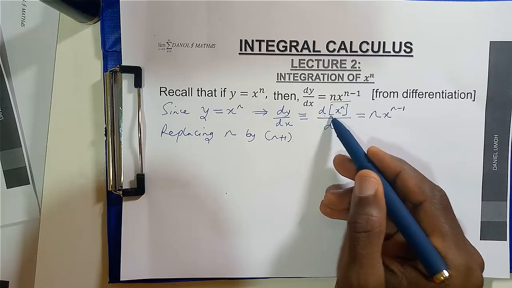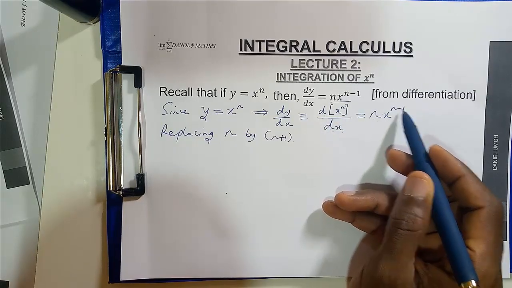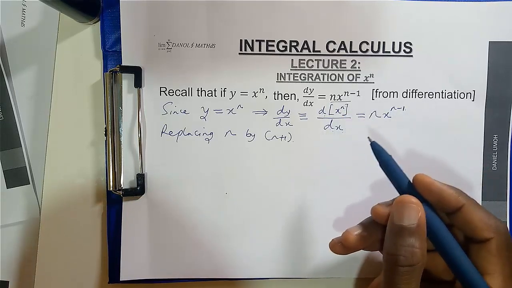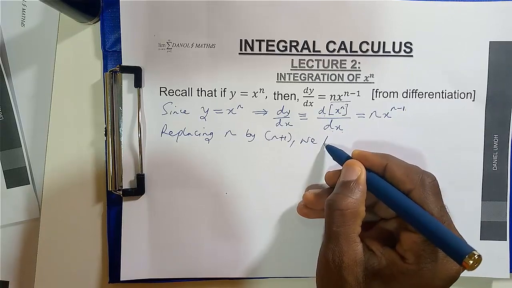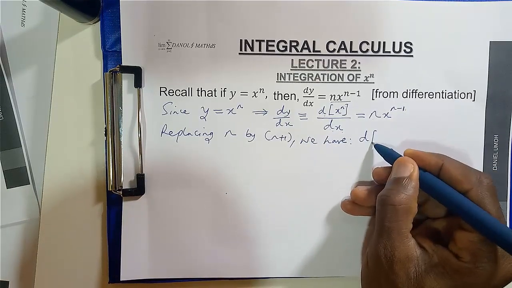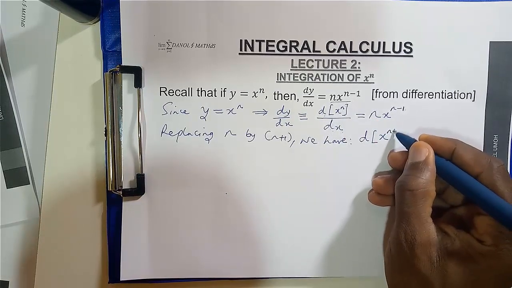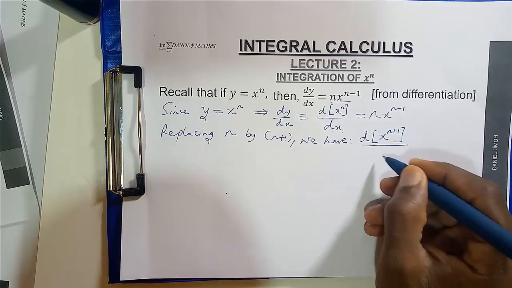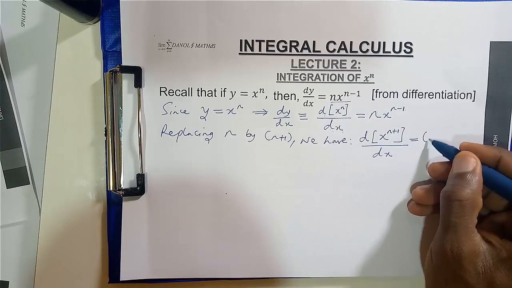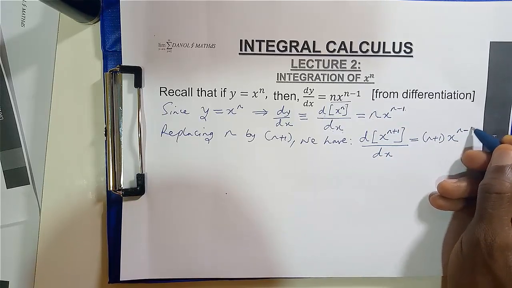Since I have that d of x raised to the power of n over dx is equal to n x raised to the power of n minus 1, if I replace this n by n plus 1, this n is replaced with n plus 1. So d of x raised to the power of n plus 1 over dx, and now the answer here will give me n plus 1 x raised to the power of n plus 1 minus 1.